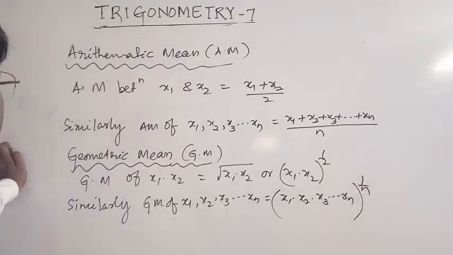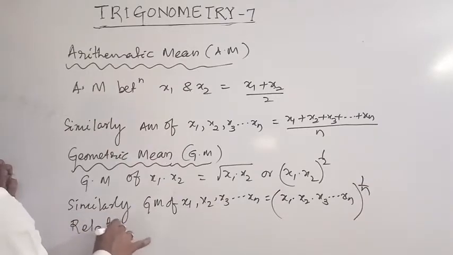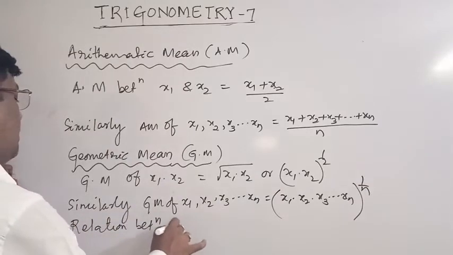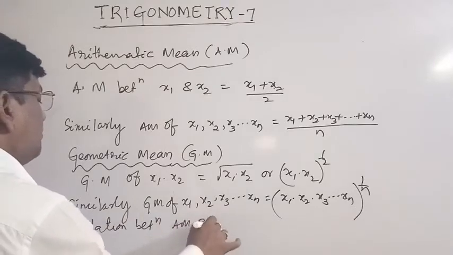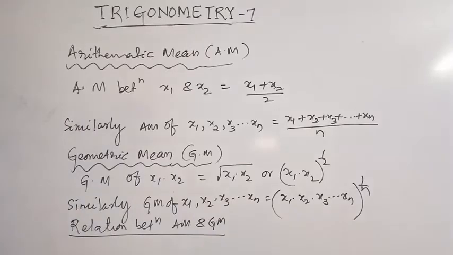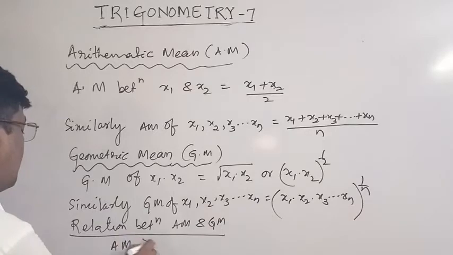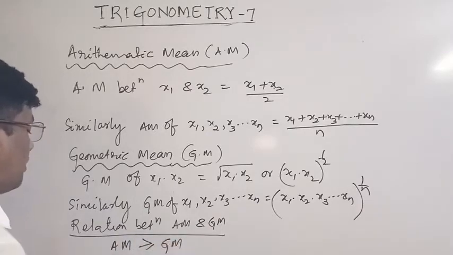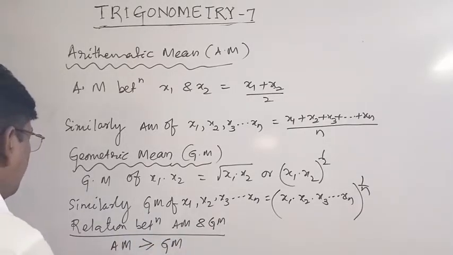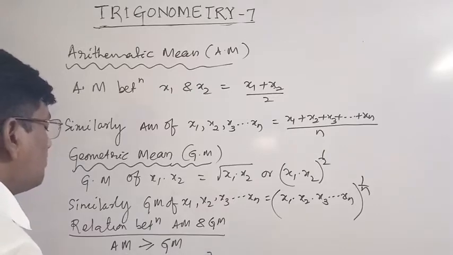And what is the relation between AM and GM? Relation between AM and GM. So AM is greater than or equal to GM. The equal to sign, we write as case 1: AM is equal to GM if terms are equal.